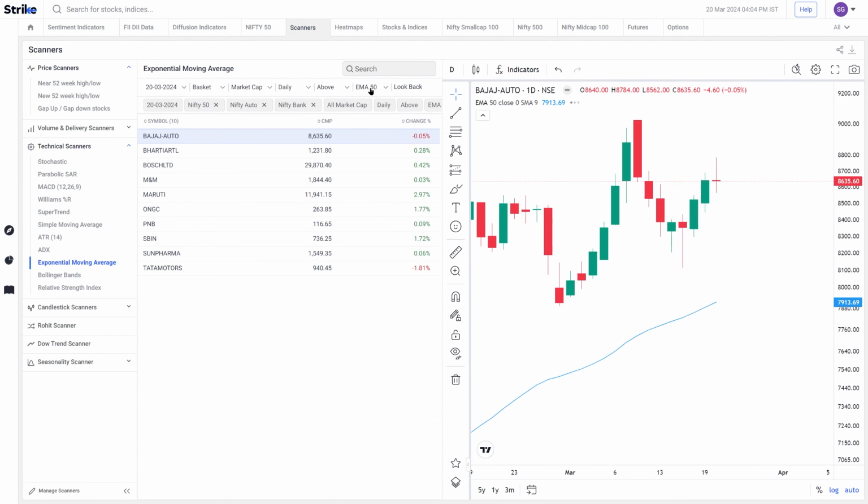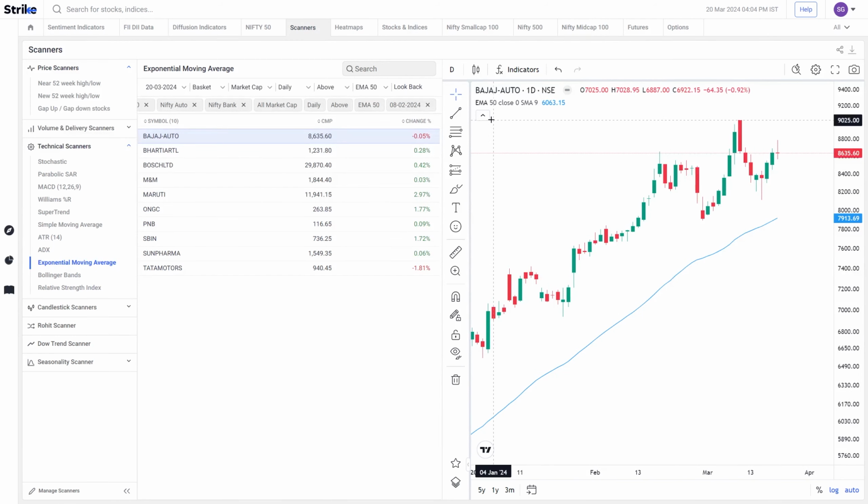What this look back tells me is the stocks that have not broken below their 50-day average since the date that I put, 8th of Feb. This is the list I get from Nifty 50, Auto and Bank.